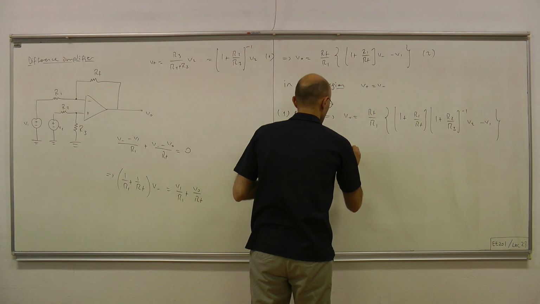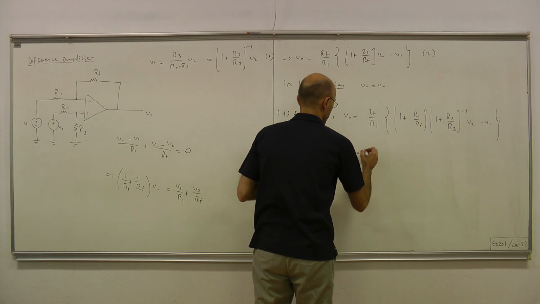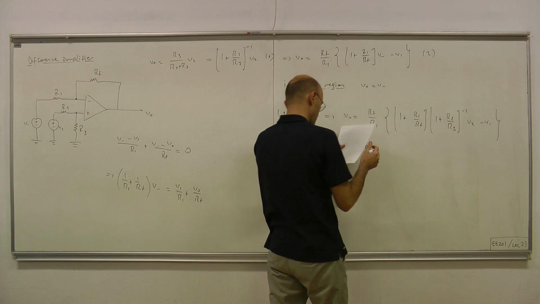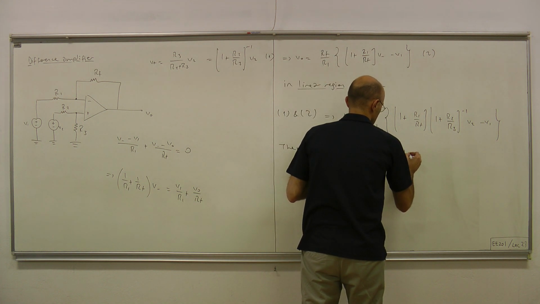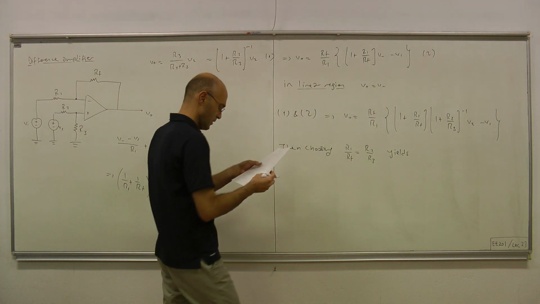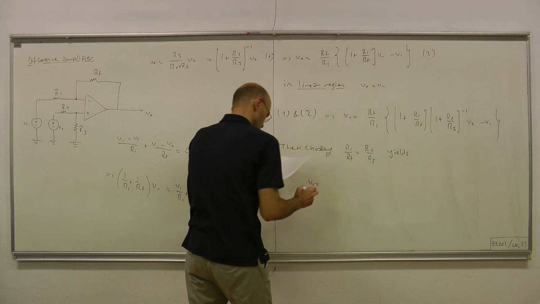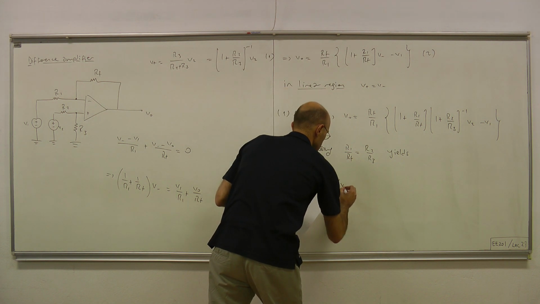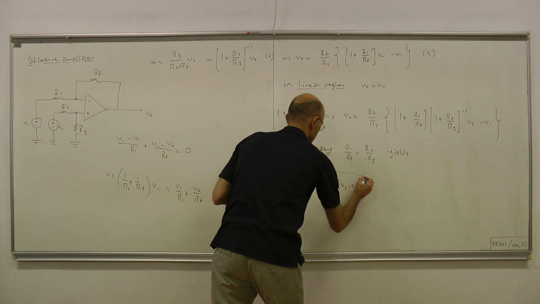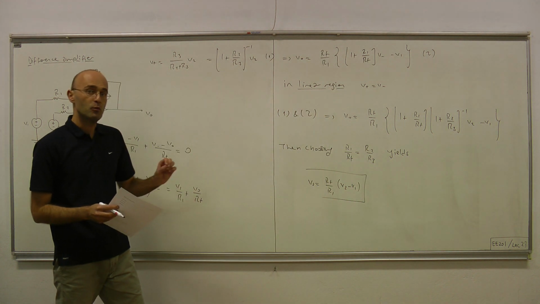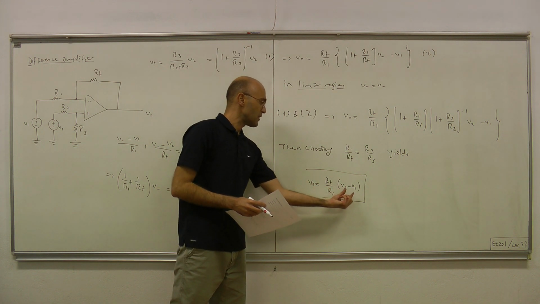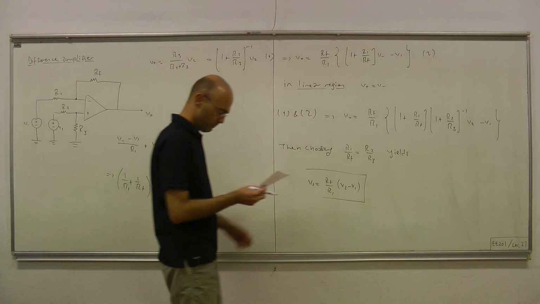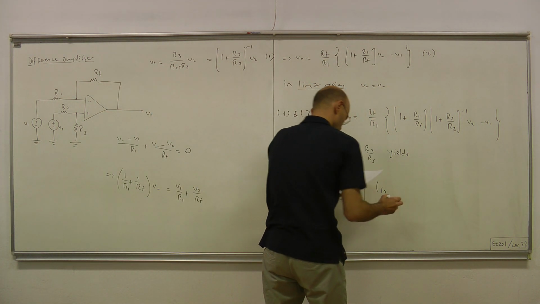Choosing the ratios R1 to RF and R2 to R3 the same gives us V out equals RF over R1 times V2 minus V1. Therefore, in the output voltage we see something that's proportional to the difference between the two input voltages, V2 minus V1. And this is true in linear region.